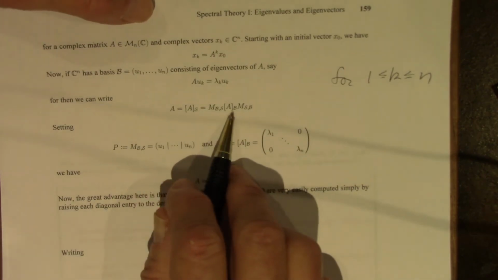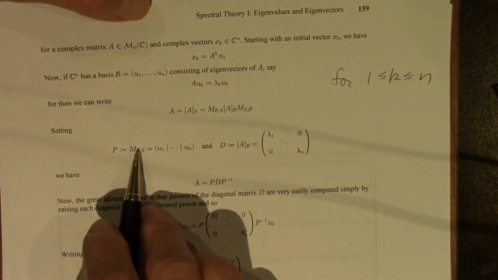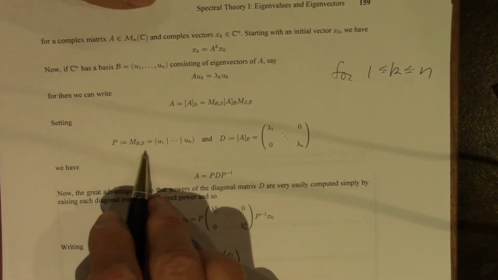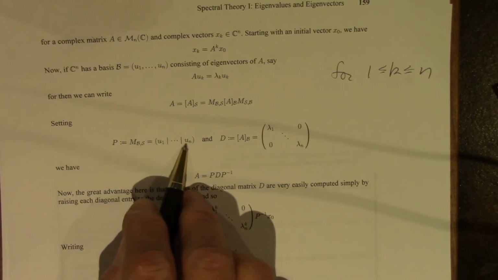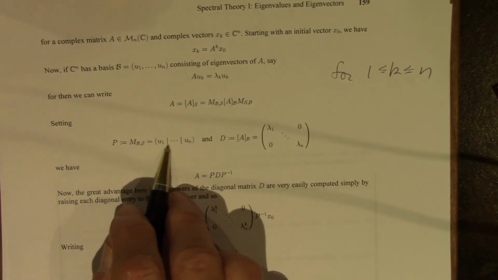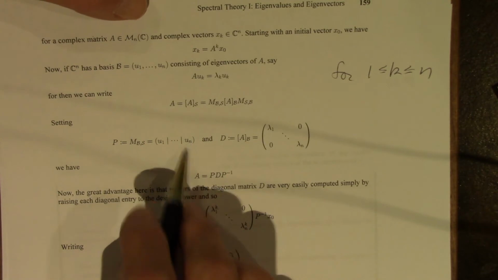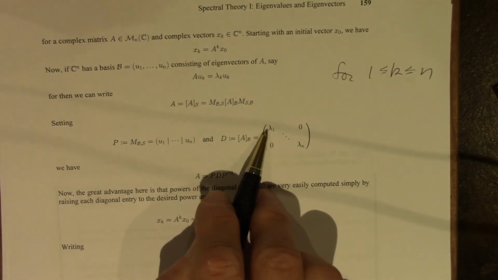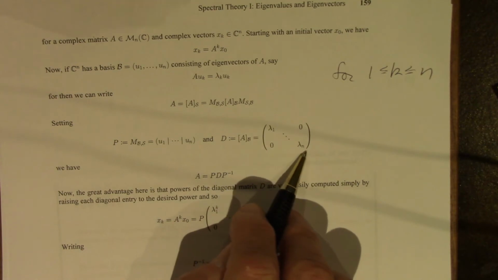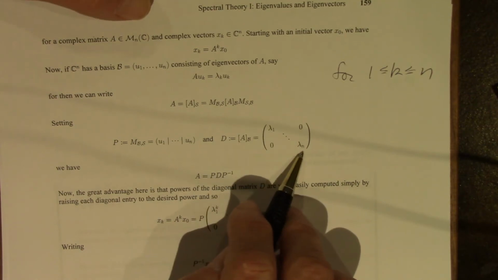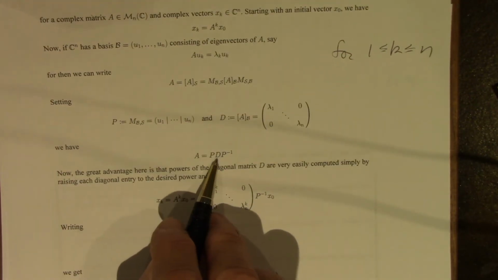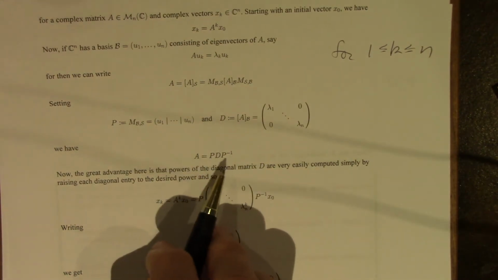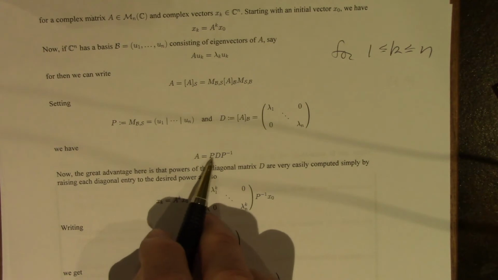So we have this equation, and to simplify, we can set P equal to this matrix whose columns are the u's, and D equal to the diagonal matrix whose entries are the eigenvalues. This equation then simplifies to this. Actually, this is hiding all the information, but it doesn't matter.